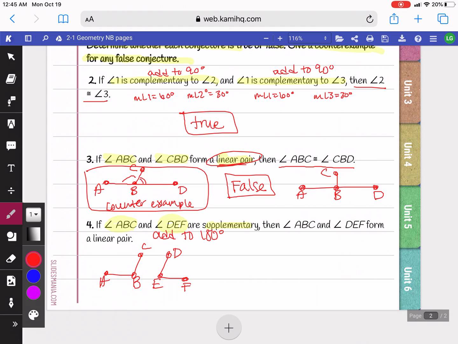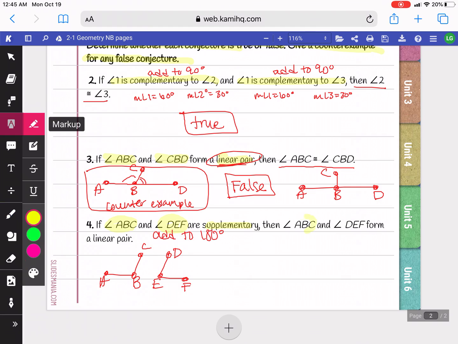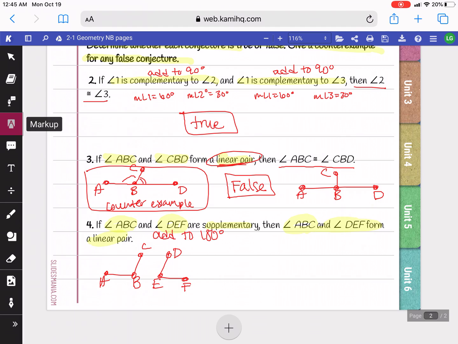But I know they're supplementary, so they have to add to 180. And then it says angle ABC and DEF form a linear pair. Well, to form a linear pair, they would have to be touching each other to form that straight line. These cannot touch each other because they don't have common points.